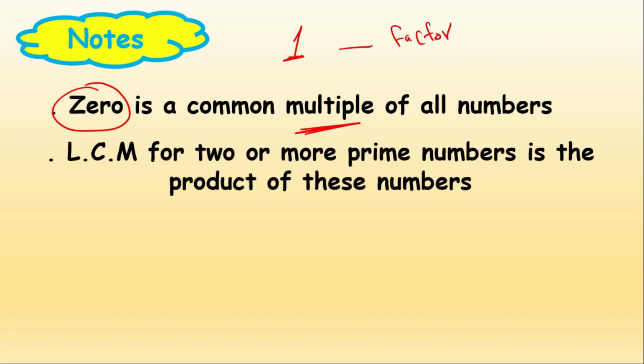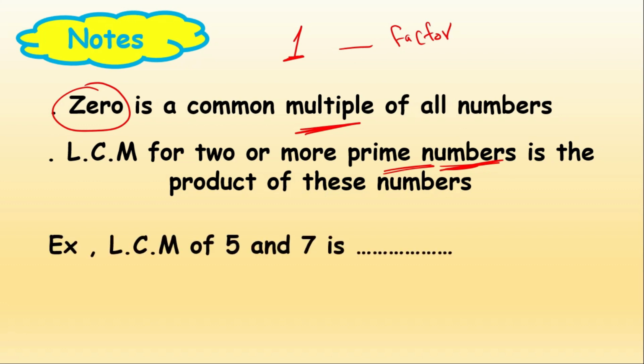Okay, the least common multiple for 2 or more prime numbers is the product of these numbers. For example, to find the LCM of 5 and 7, 5 and 7 are prime numbers.